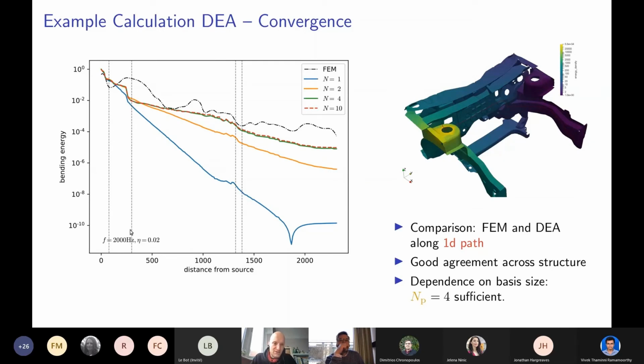Here's another one for 2000. I know the model wasn't quite fit for that, but we just wanted to see what happens. Again, the DEA calculation could go to any frequency higher up. This is usually a bit of a problem when you try to compare to numerical data.